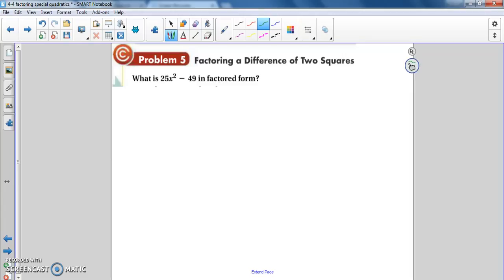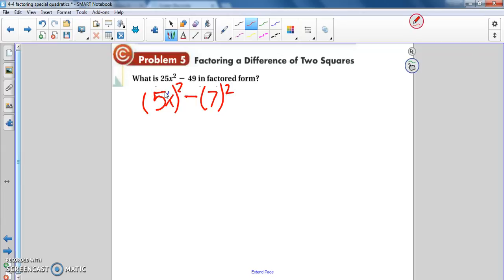When we are factoring difference of squares, we need to use our rule. So what is 25x squared minus 49? Think about, what do you need to multiply by itself to get 25x squared? It would be 5x times itself minus 7 times itself.